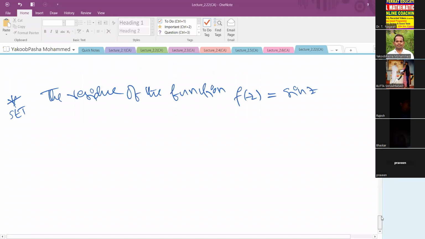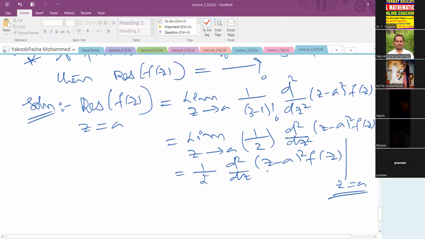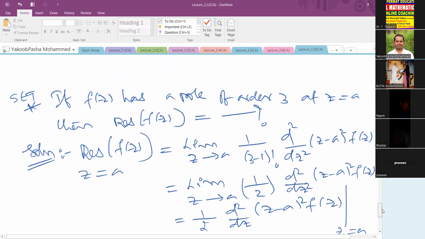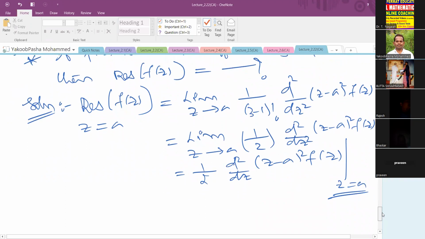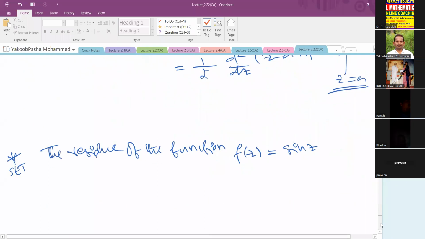The square is wrong here. z equal to a is a pole of order 3, so whole cube comes here.